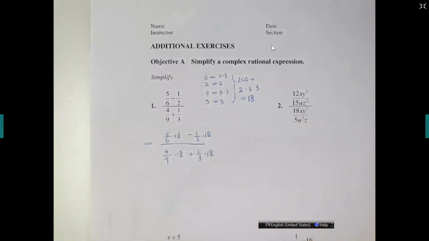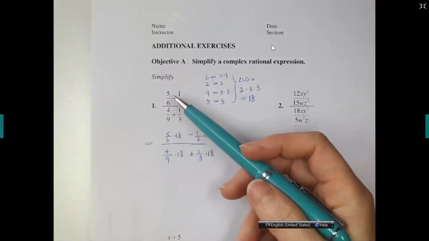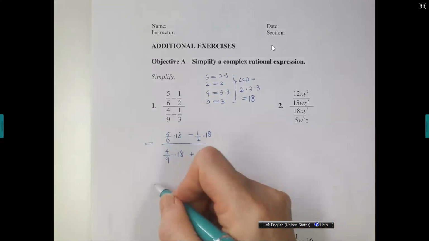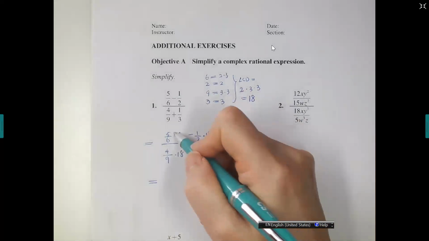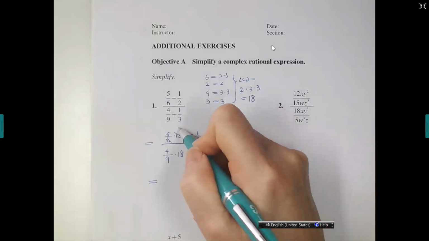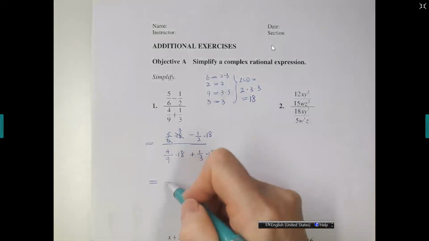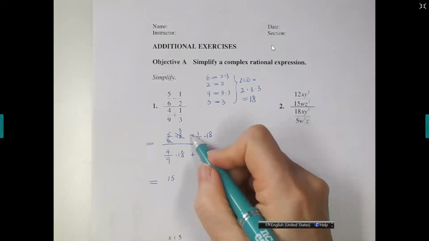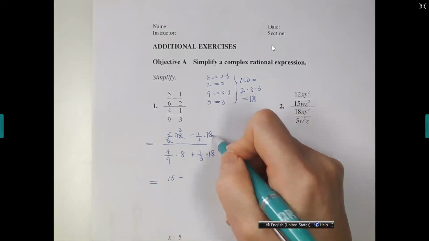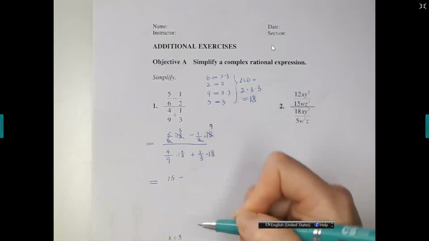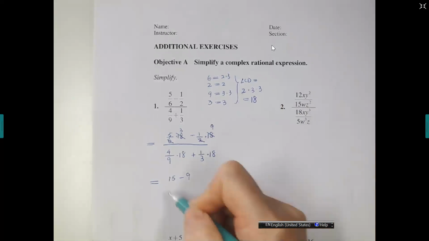So remember, do the same thing to every single term. Then simplify. How do we simplify? Divide. 18 divided by 6, we have 3 left. So 5 times 3, 15. They subtract. 1/2 times 18, 18 divided by 2, we have 9 left. 1 times 9, that's 9.